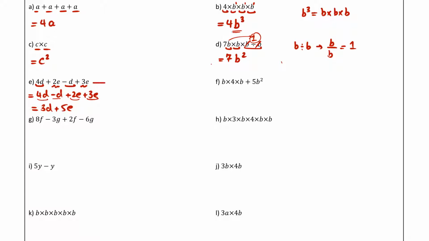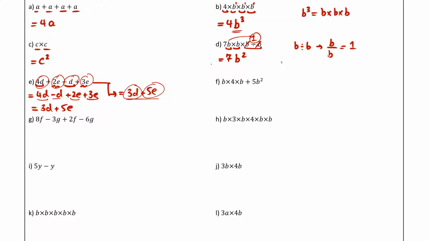Now you could do this question right away. You can just give the final answer as 3d plus 5e, and after much practice you'll be able to do this right away. But in your head you will still go through the same process of identifying that d and d are like terms, and you're doing 4d minus d giving you 3d, and positive 2e plus 3e giving you 5e in total.